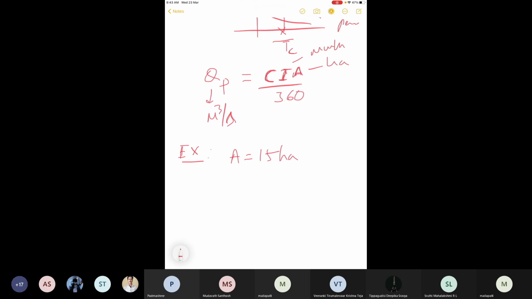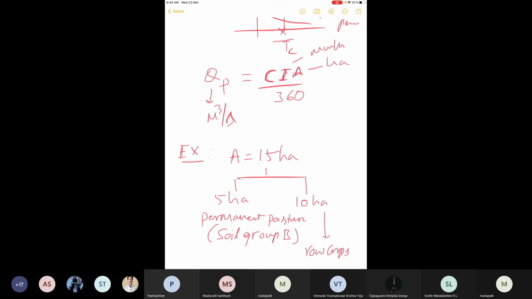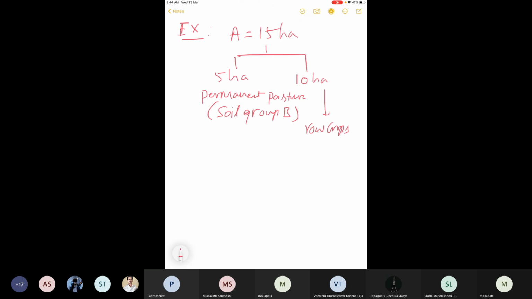It is composed of two parts: one is 5 hectares and the other is 10 hectares. The 5 hectares is permanent pasture, and this is soil group B. Whereas the 10 hectares consists of row crops in poor condition, and this is soil group C.